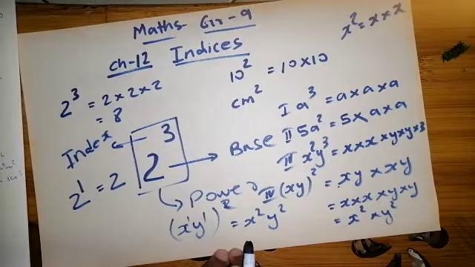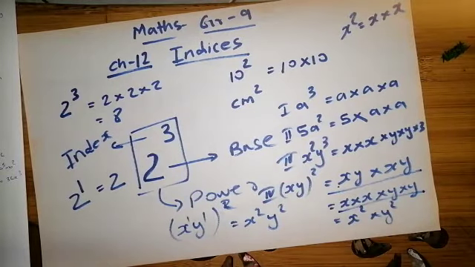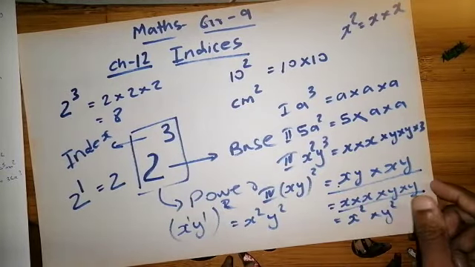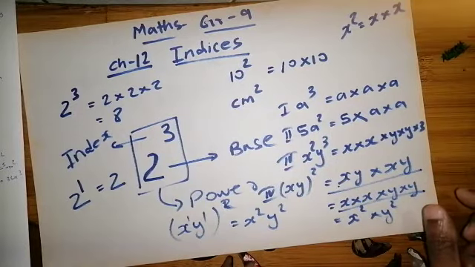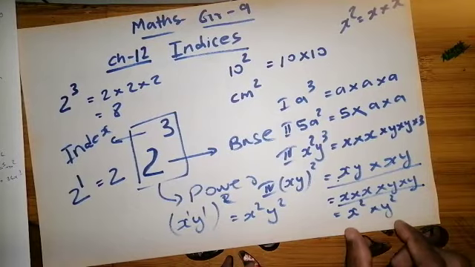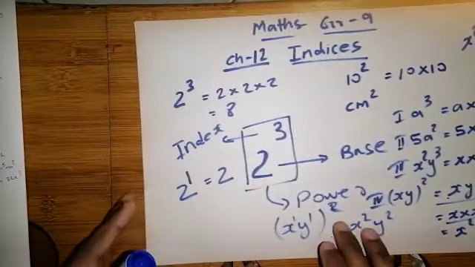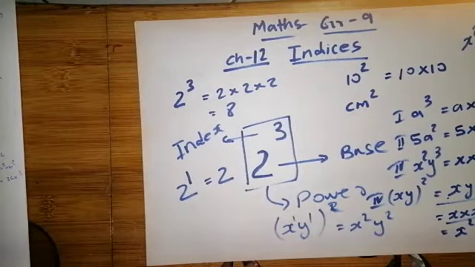How did this happen? There are two elements, and each element multiplies with the other, so we get the answer x squared and y squared. That is the main thing you have to remember here.